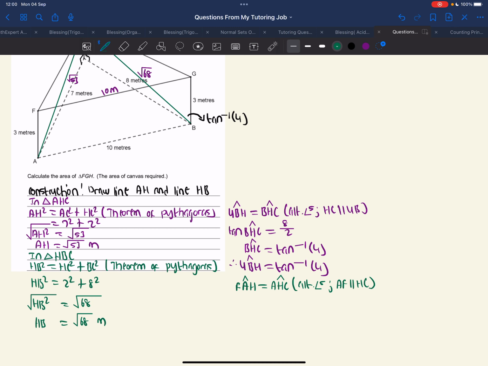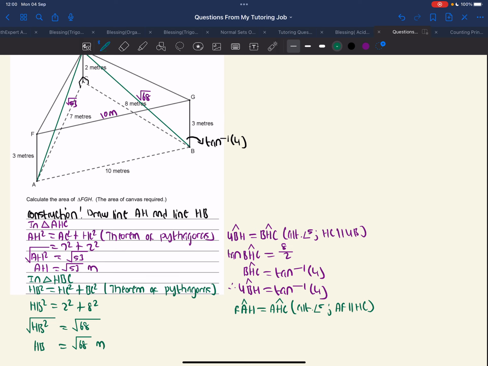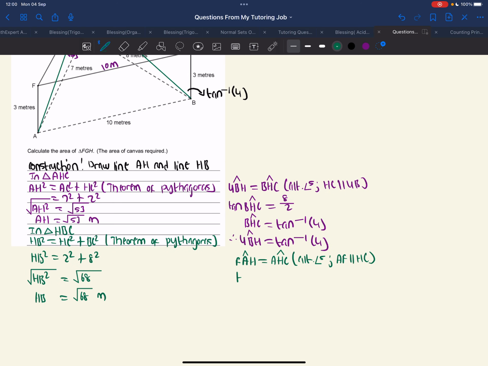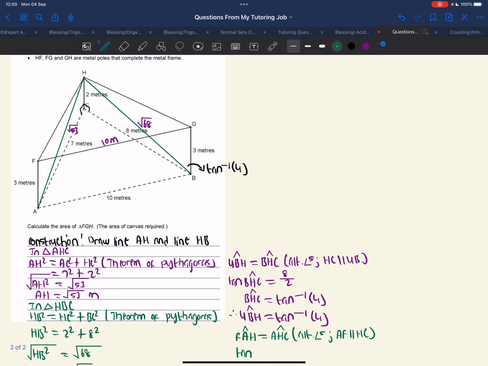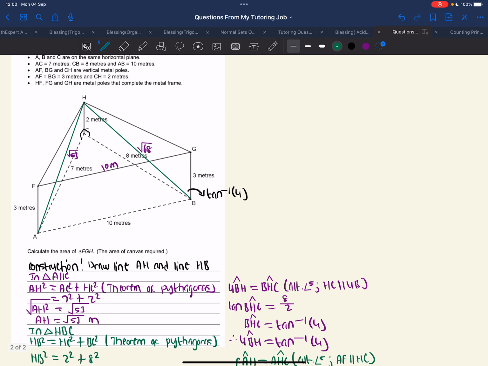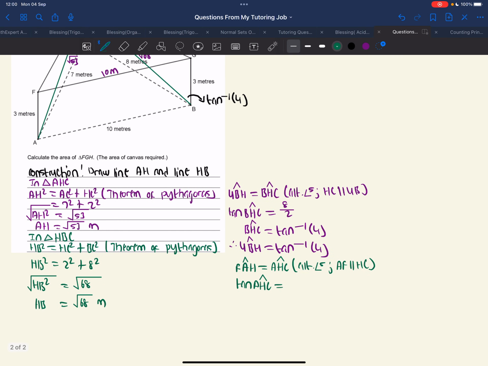Now tan of angle AHC is equal to 7 over 2.